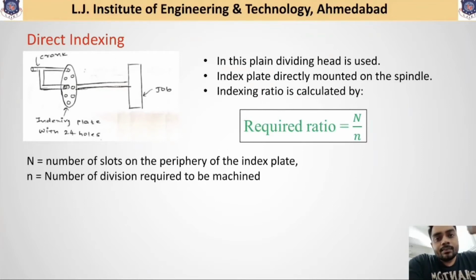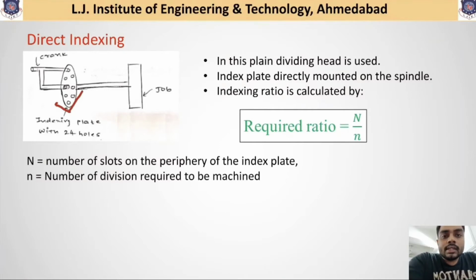As you can see from the figure, this indexing plate has 24 slots on its periphery. For a circle there is a total of 360 degrees, and there are 24 slots at equal distance on it. So the angle between two consecutive holes is 360 divided by 24.